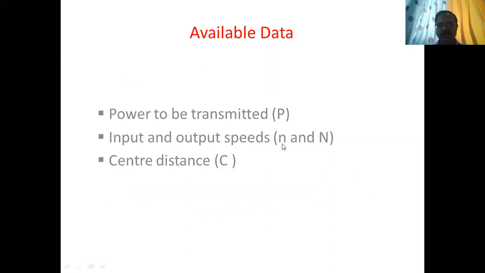The input and output speeds known tells us which is the driving machine and which is the driven machine. Also, we must know the center distance between the two pulleys, or the two shafts on which the two pulleys are mounted. Once these three things are known, we can select the flat belt from the manufacturer's catalog by following the steps.